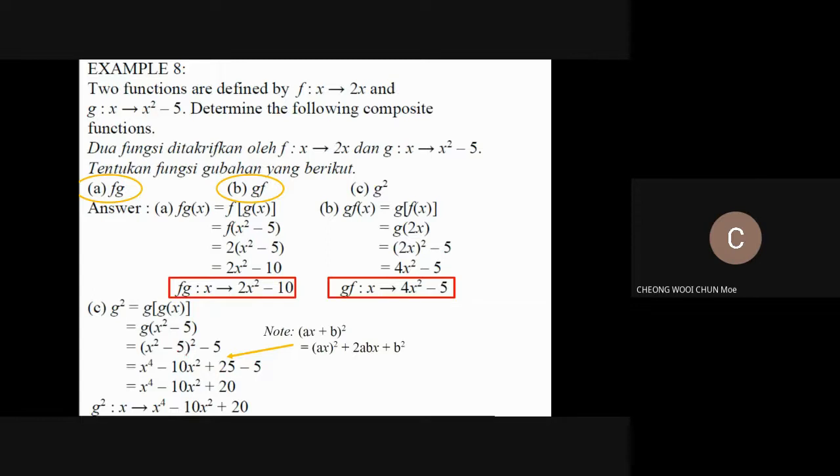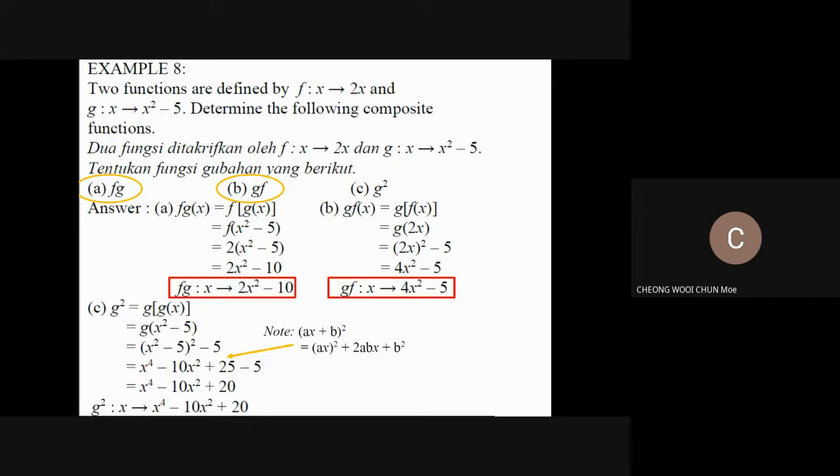Then 2 multiply, negative and positive become negative, 2 times 5 is 10, 10 times x squared is 10x squared. You see, 2 must multiply both, only once, not twice, not 2 times 2. 2 multiply this one, then this one, or the other way also can. Get negative 10x squared plus 25 minus 5.